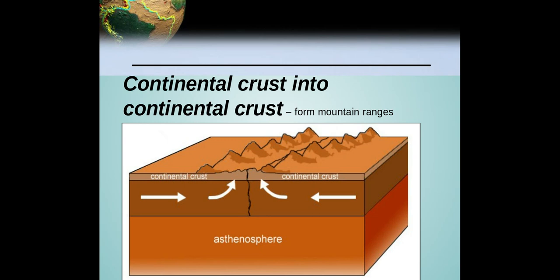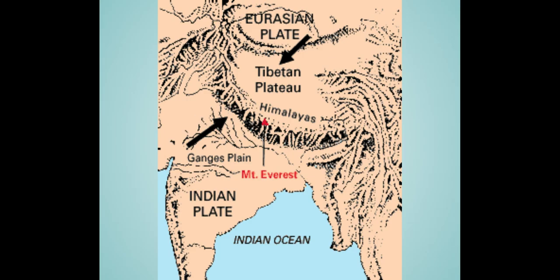The Tibetan Plateau, which encompasses approximately 1,000 square miles of land north of the Himalayas, averages around 15,000 feet in elevation. And right here, this is where the Himalayas formed from the Indian Plate and the Eurasian Plate converging.